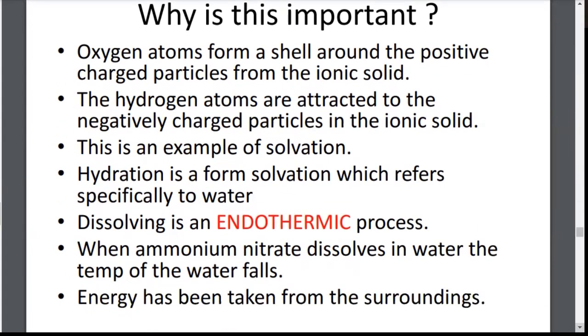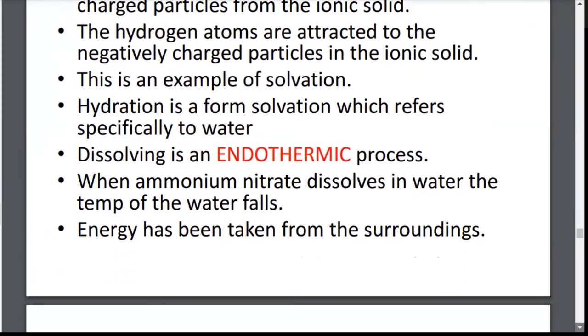This has been measured by experiment. The reason the temperature falls is because when it dissolves, energy in the form of heat has been taken in from the surroundings. The opposite of endothermic is exothermic, giving energy to the environment around it. So dissolving is an endothermic process because energy has been taken in from the surroundings.